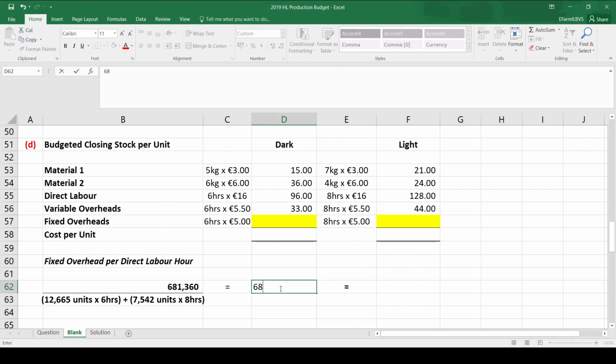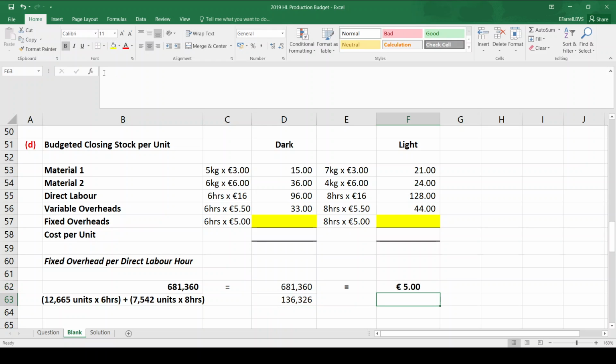So 681,360 divided by the units of dark, 12,665 by 6 hours to make a unit, plus the units of light we need to make, 7,542 by 8 hours per unit. When we divide these, it gives us €5 per hour for the fixed overhead.